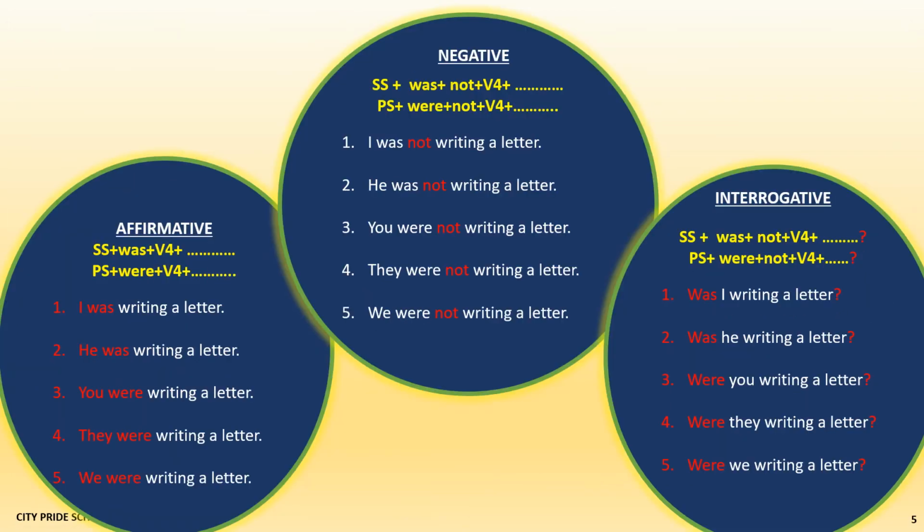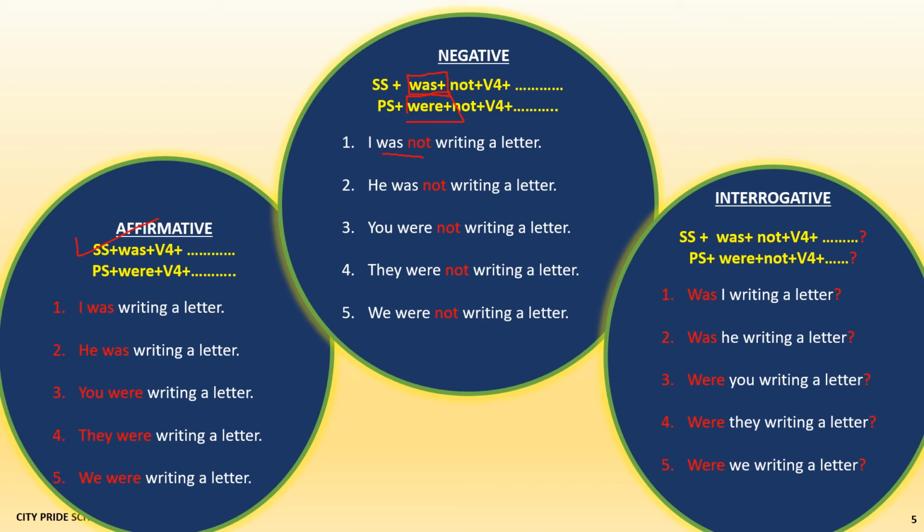Now, to change an affirmative sentence into a negative sentence, we require a helping verb to add not after it. As you can see, we already have two helping verbs, was and were, in past continuous tense. So it is very, very simple. Just add the negative word after the helping verb.